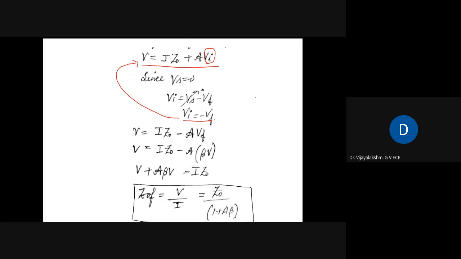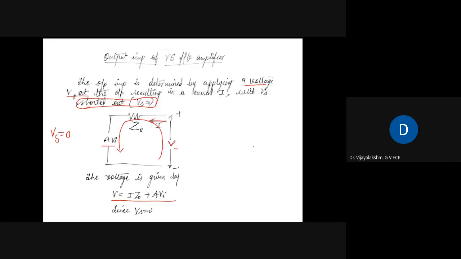What is Vf actually? The feedback voltage, if you remember, is nothing but beta times Vo, where Vo is the output voltage. But at present, what is our output voltage? We are applying the voltage V at the output, right?